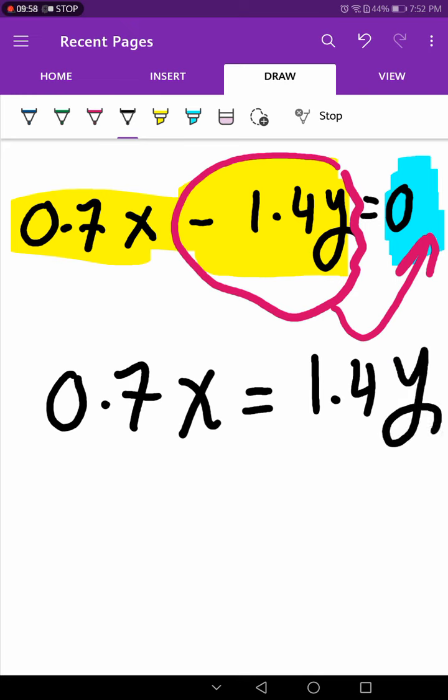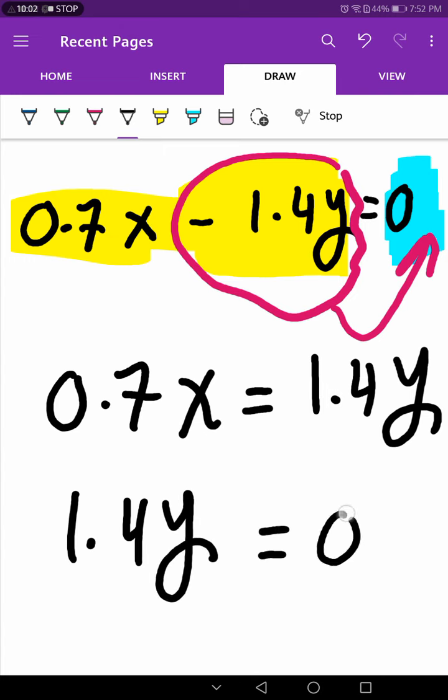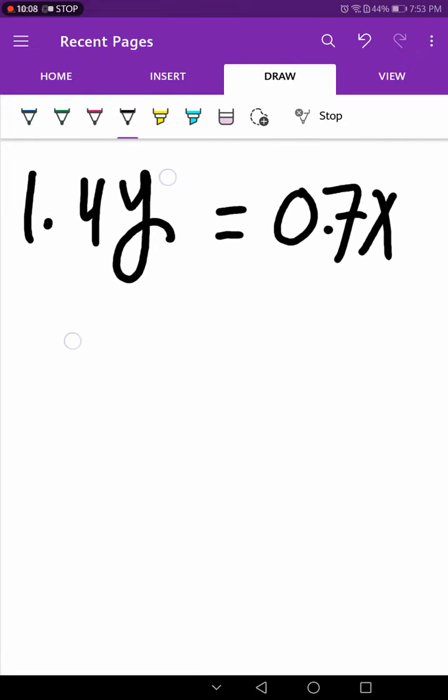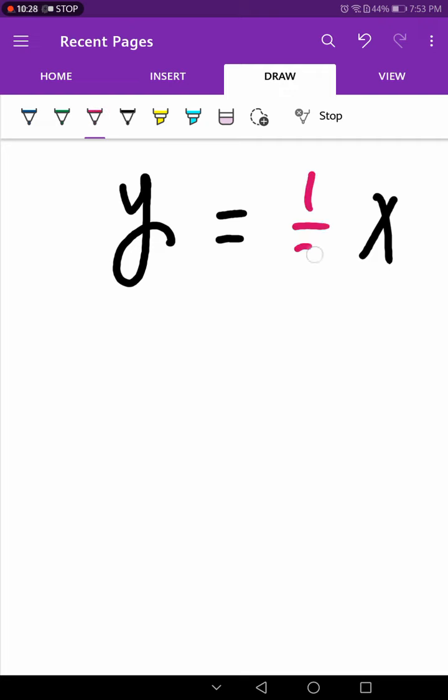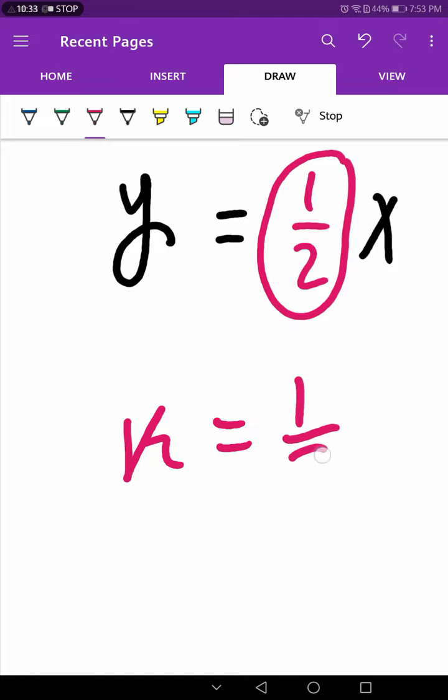I can switch it: 1.4y equals 0.7x. Now divide by 1.4 to make the y alone and happy. So this is eliminated and the y is now alone and happy, and 0.7 divided by 1.4 equals 1 over 2. Because of that, k equals 1 over 2.